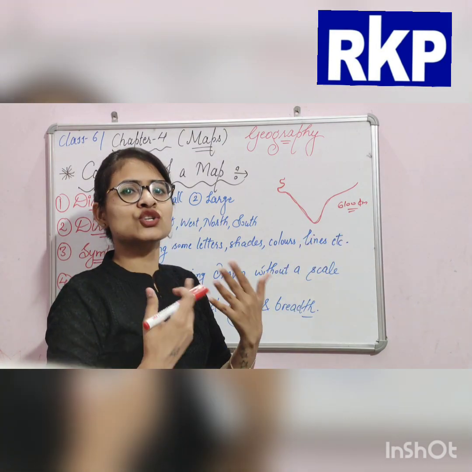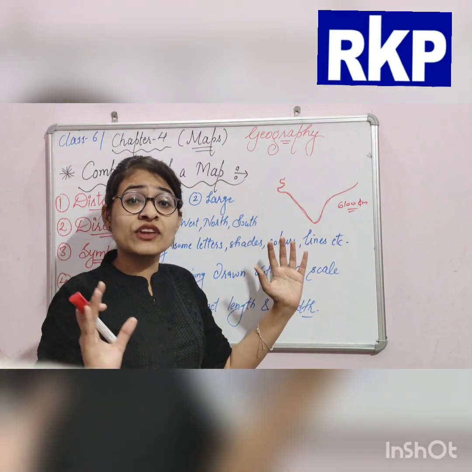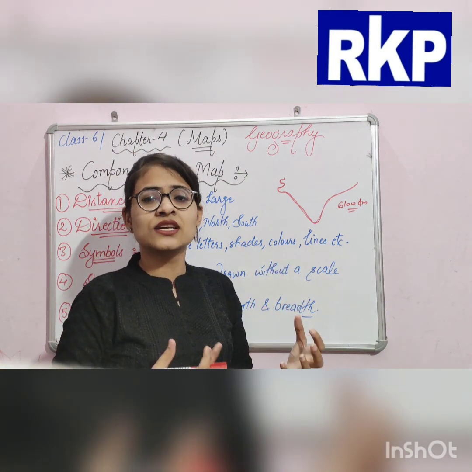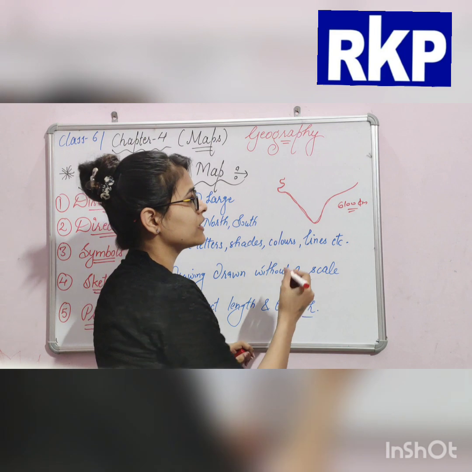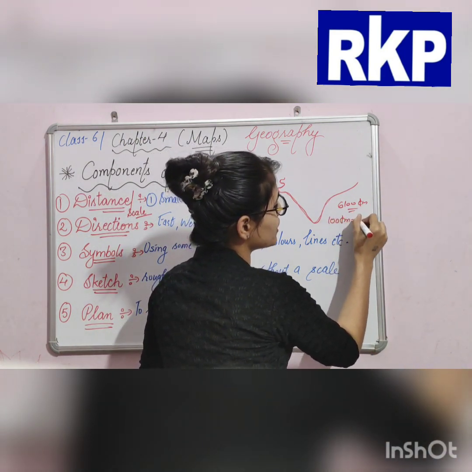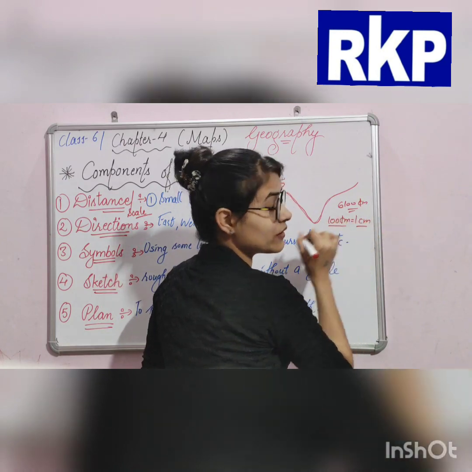But if we are showing it on a map, obviously we are reducing, we are decreasing the scale, or we can show that 100 kilometers is equal to 1 centimeter.